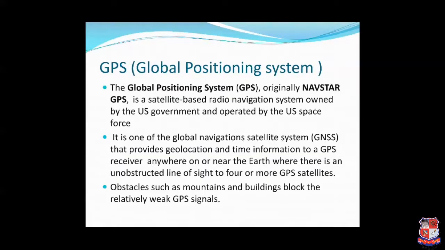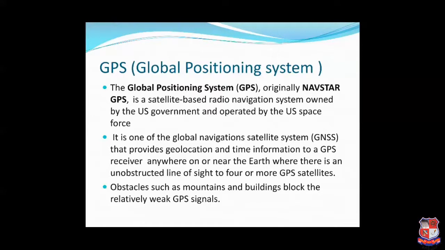Then the last topic of today's lecture is GPS. The full form of GPS is Global Positioning System. You have all heard about this. Originally Navstar GPS, it is a satellite-based radio navigation system owned by the United States government and operated by the US Space Force.